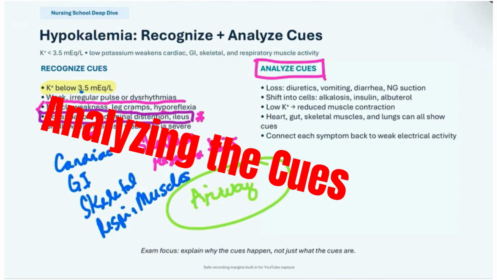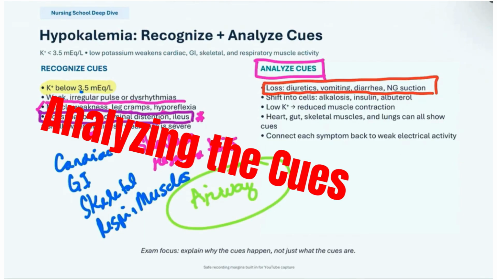I want to begin with the potassium losses. The reason why there is hypokalemia is because of potassium losses. So what are the potential culprits or causes?